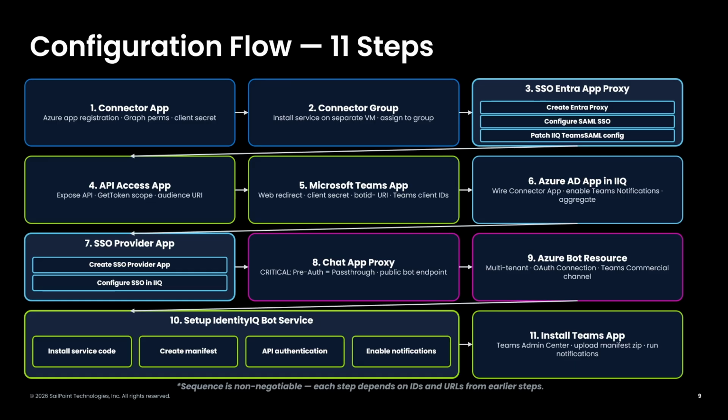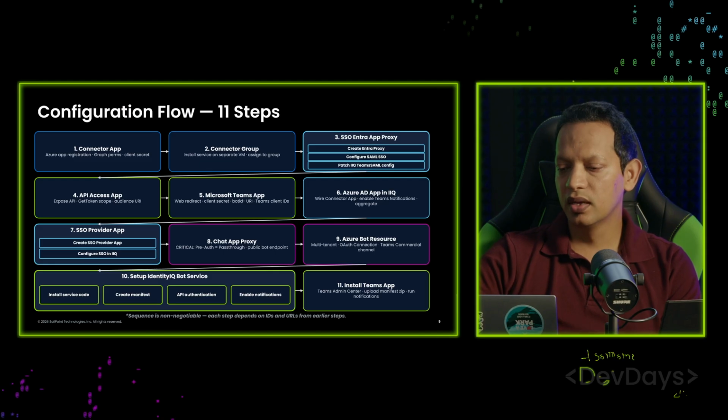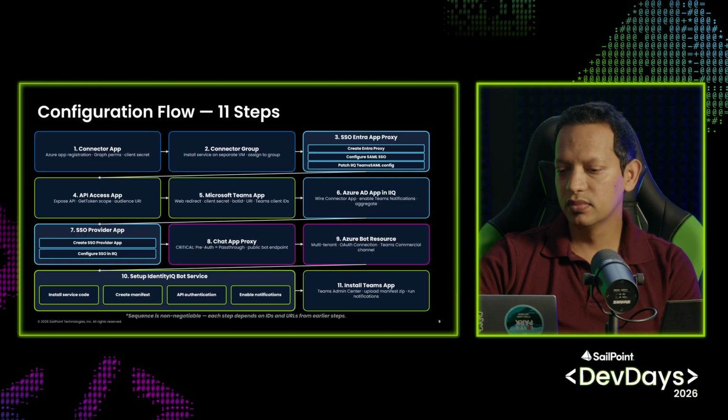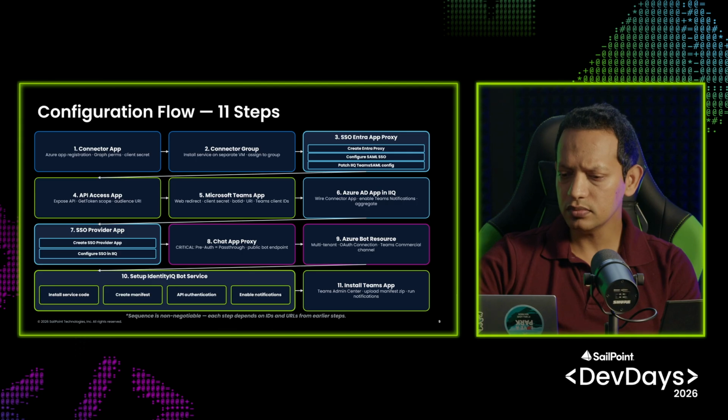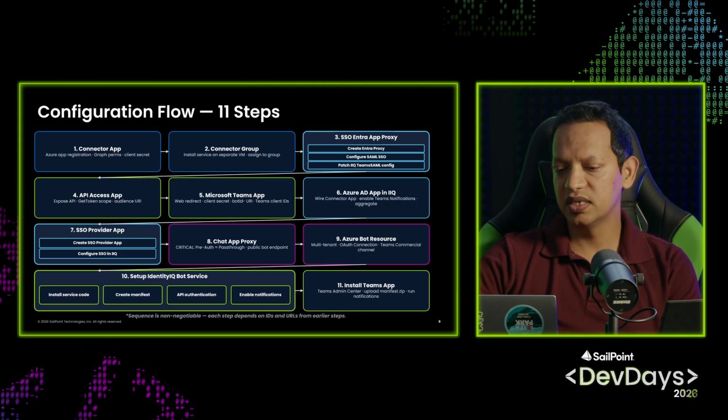This also lets you access IIQ within My Approval tabs without the need to be on VPN. I think this is one of the game changing enhancements from 8.4 to 8.5, that you don't have to be on VPN to be able to approve your work items within Teams. And this configuration lets you achieve that.